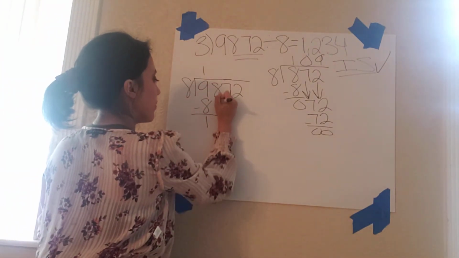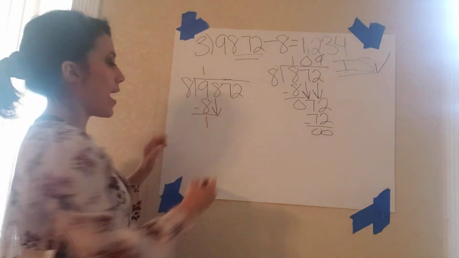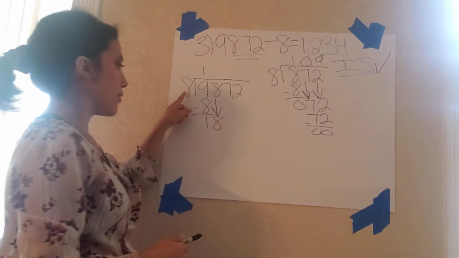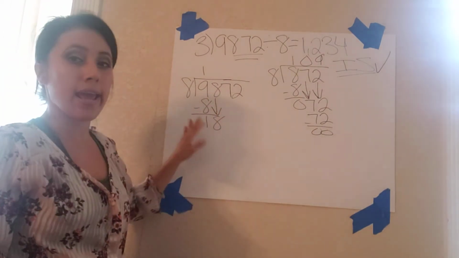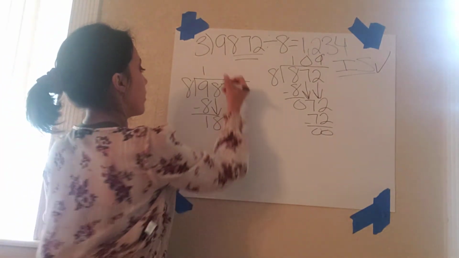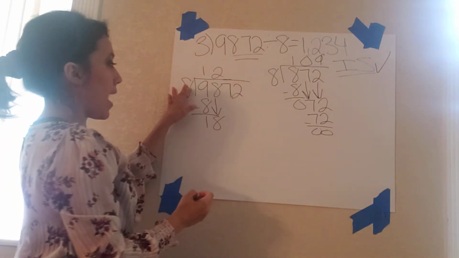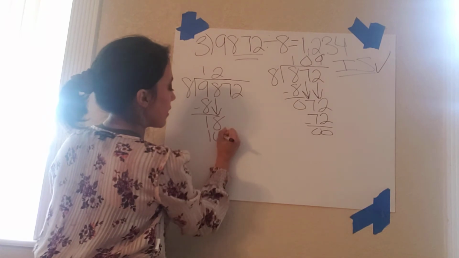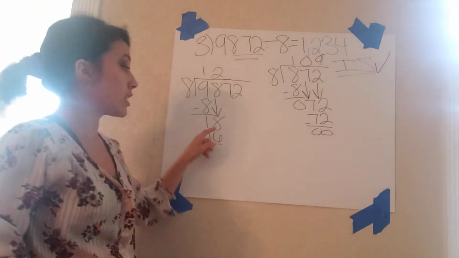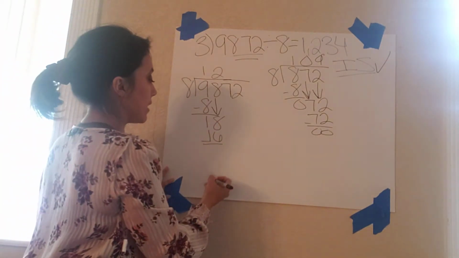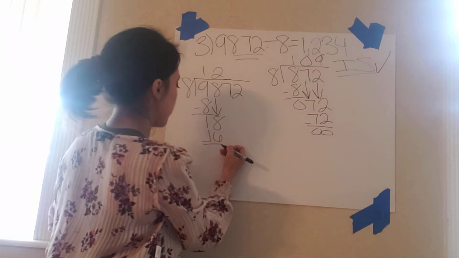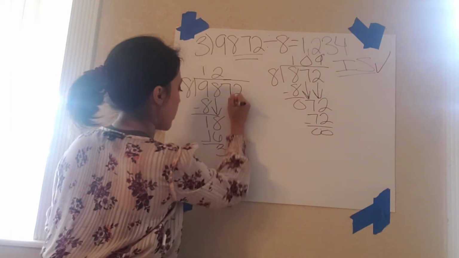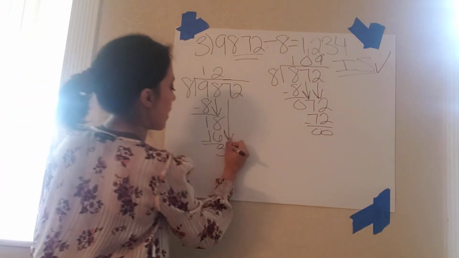We're going to bring down the 8. And now we need to see how many times does 8 go into 18. We know that 8 times 2 equals 16, and 16 is the closest number that we can get to 18.